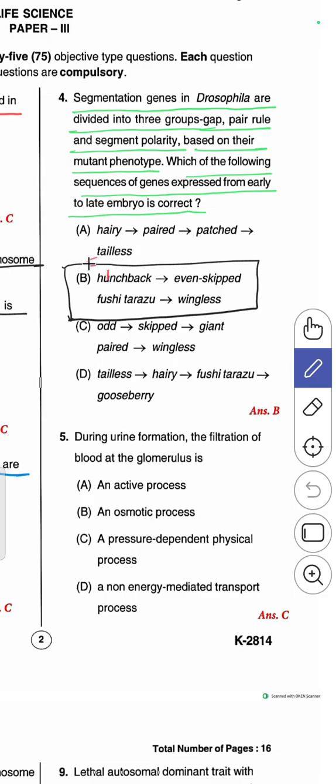Whereas even-skipped is one of the pair rule genes. Whereas fushi tarazu is also a pair rule gene. Whereas the last one, wingless, is a segment polarity gene. So B is the right answer. In this sequence, the genes get expressed from early to late embryo.